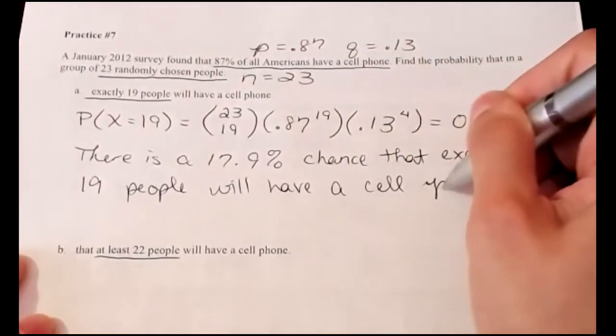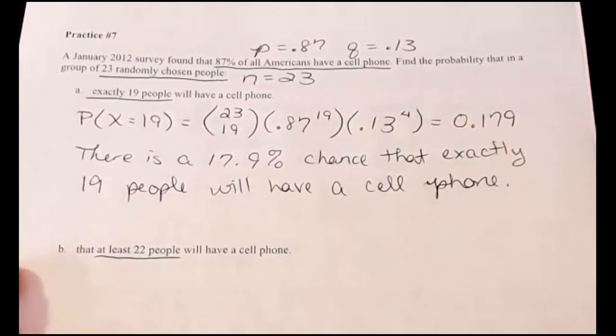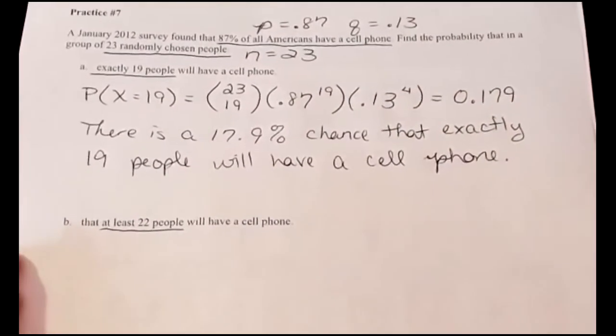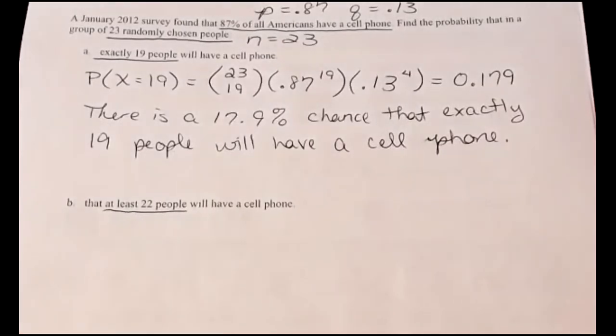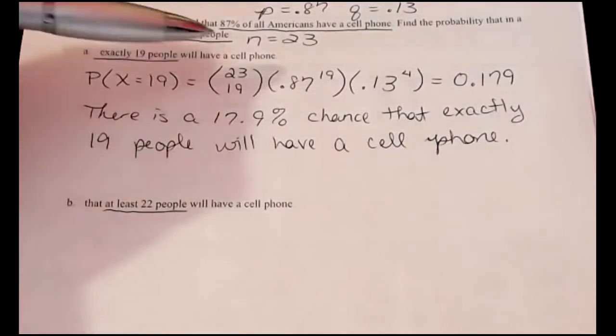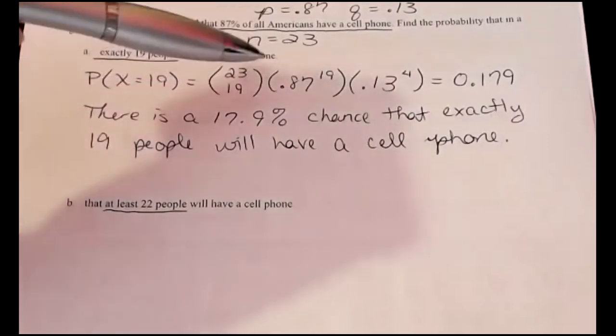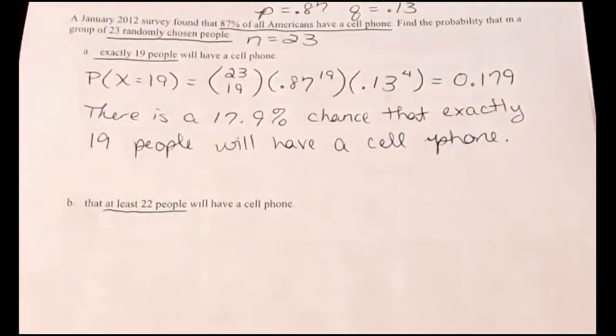Perfect. Would someone else take the lead on part B? At least 22 people will have a cell phone. Donna, I would just double check your values, make sure it's 23, choose 19, and then make sure it was 0.87 raised to the 19th and 0.13 raised to the 4th. Mallory, absolutely. So yes, someone else take over for part B, that at least 22 people will have a cell phone.